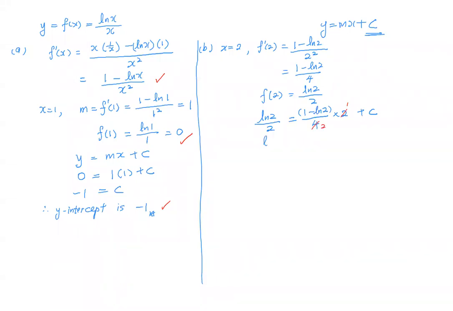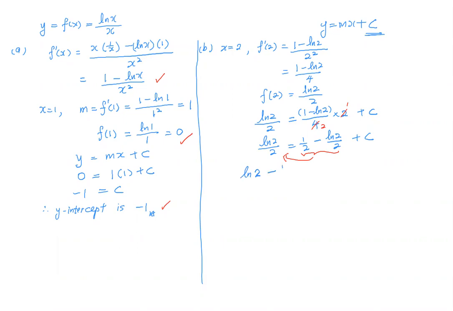So this will be ln 2 over 2 equal to 1 over 2 minus ln 2 over 2 plus c. If you bring this whole thing over, half of ln 2 plus half of ln 2 will be 1 of ln 2, am I right?